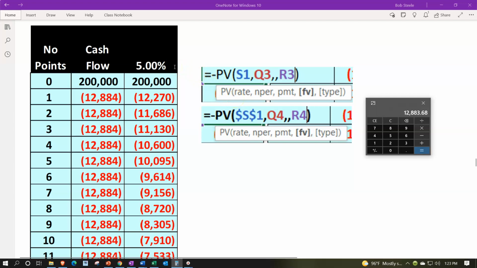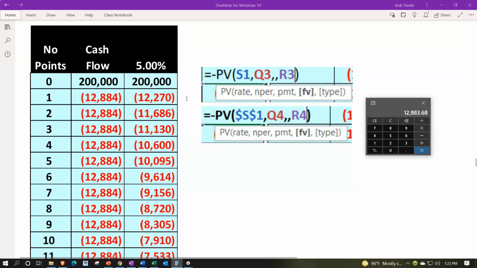We don't have to divide by 12 because now we're on a yearly basis, a bit easier to calculate, comma. The number of periods for this first one would be 1, now representing a year rather than a month. Then 2 comma, skipping the payment because it's not an annuity, getting to the future value of 12,884. Meaning, if I discount the 12,884 back at a 5% rate for one period, which is 1 year in this case, we get to the 12,270.